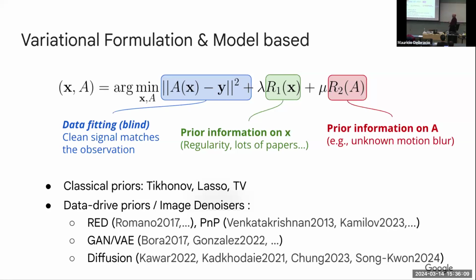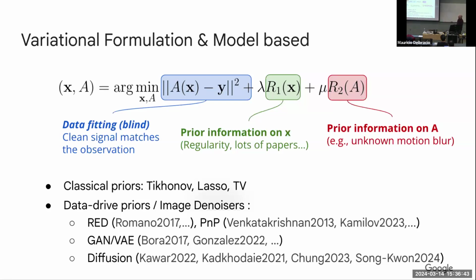We have, for example, a data fitting term where we say, look, the image that you're trying to recover should match the model and the observations, right? But we also need to enforce certain regularity on the signal that we want to estimate. And we may also try to model some uncertainty on the degradation operator. This has been going on for many years, from the 80s, but even earlier, like in the 50s, there was work on trying to solve tasks like image restoration by Gabor, for example.